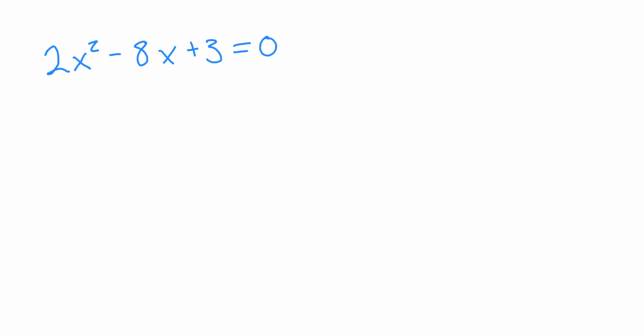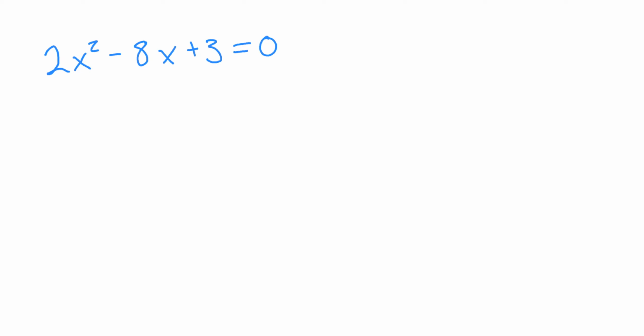We could possibly factor this by grouping, where we split that middle term, that -8, into 2 pieces. If we wanted to try to factor this, we'd have to come up with something that adds to -8 and multiplies to 6, right? Because 2 times 3 is 6.